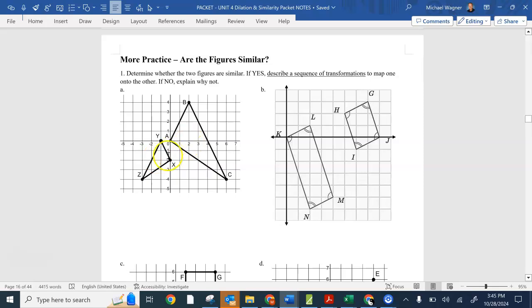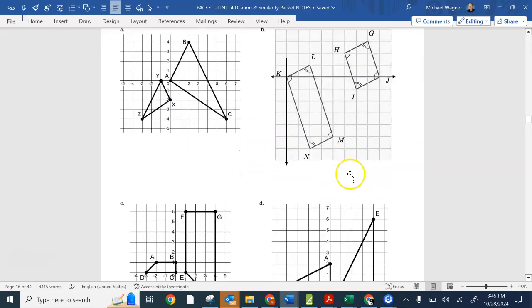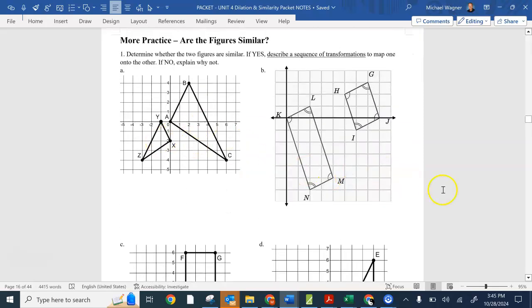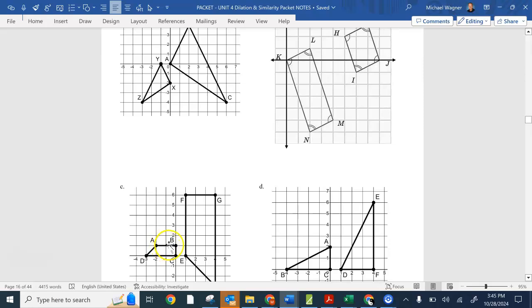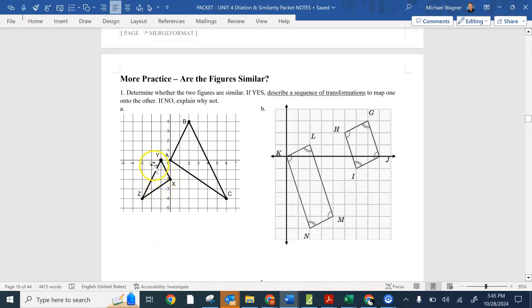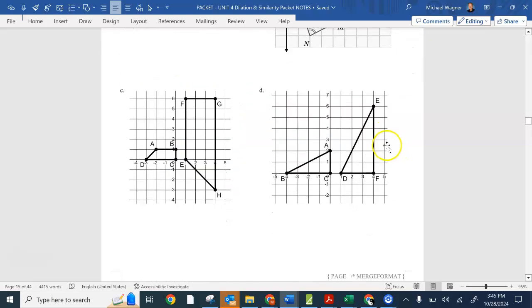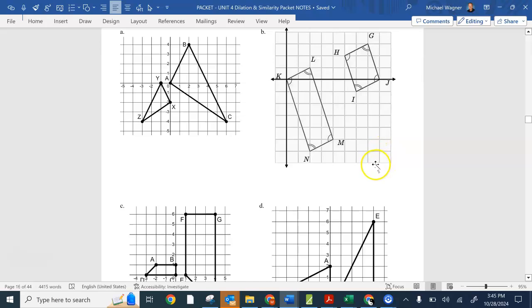Now, they're different sizes, I think all of them are, right? So you'd have to think about whether it's going to expand or decrease. Do it from this figure right here, the ABC one. Well, I guess I did it from this figure. So you may want to think what you would do to get from there. But you can also do it from this figure here and do it for all 4 of these. And when you're done, come check with me and I'll go over it with you.